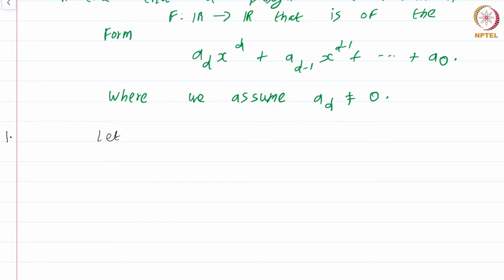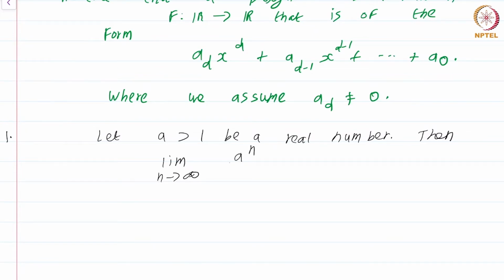Let a be a real number greater than 1. Then the limit as n goes to infinity of a^n by n is in fact equal to plus infinity. In other words, this sequence a^n by n diverges to plus infinity.